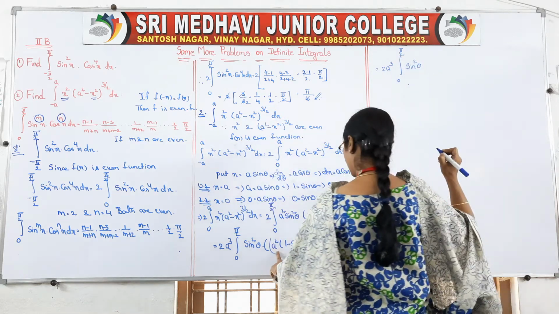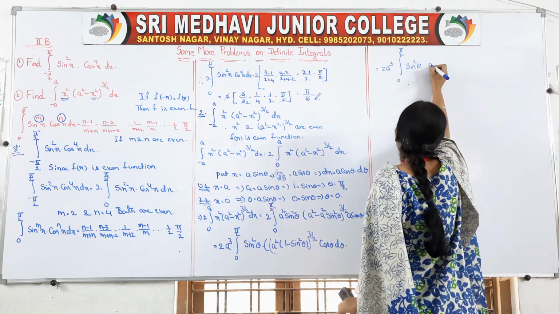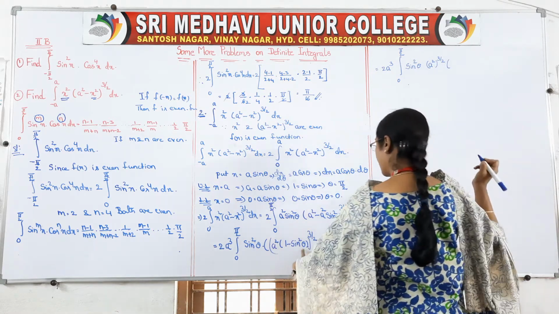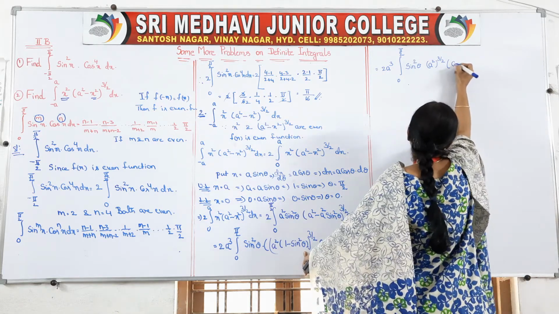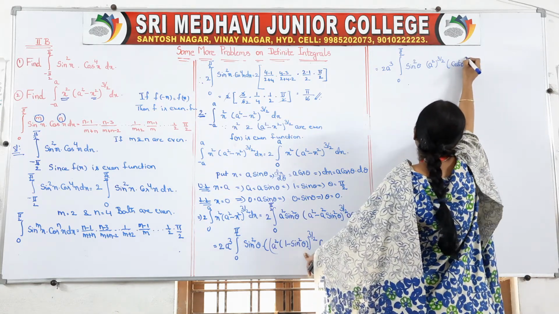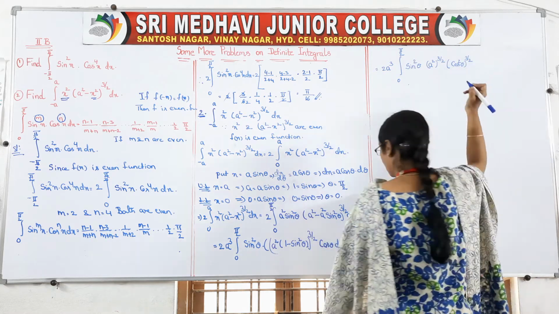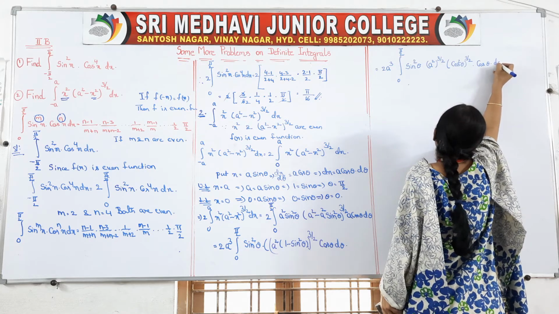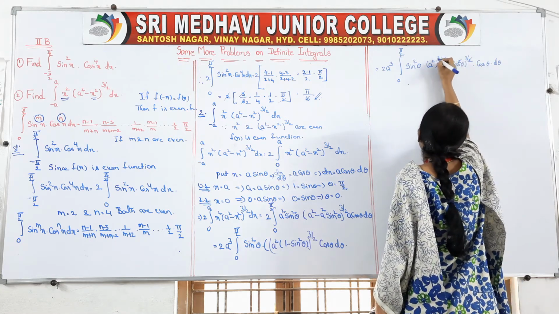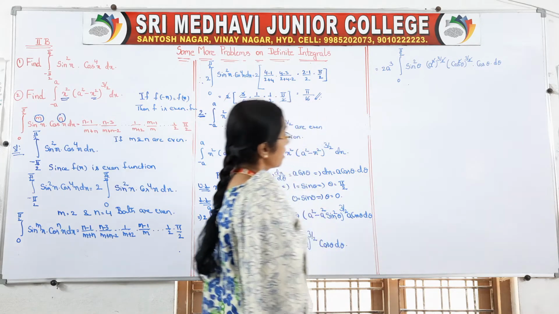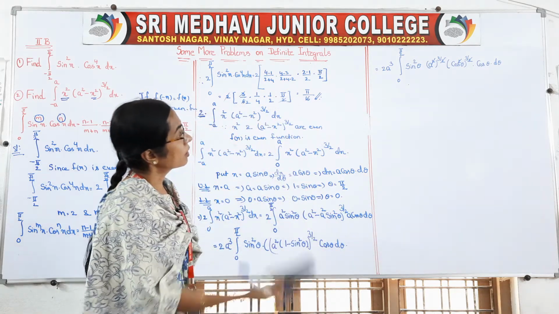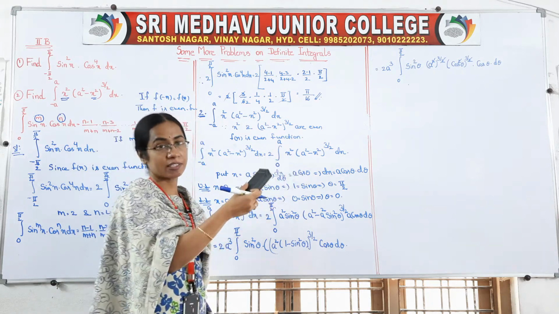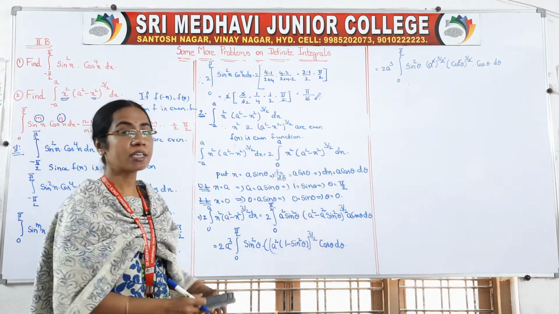Now take the roots separately. For a square you take 3 by 2. Next, 1 minus sin square theta is cos square theta. Cos square theta to the power of 3 by 2 into cos theta d theta. 2 cancels. Okay, so come on, that a also can be taken outside. Whenever we are having the constants inside the integrals, we have to write outside.